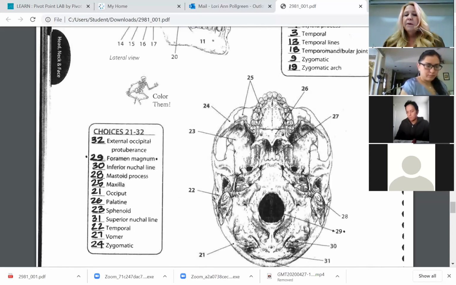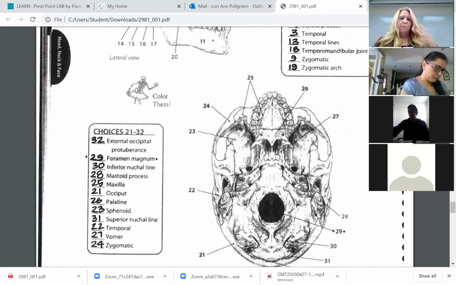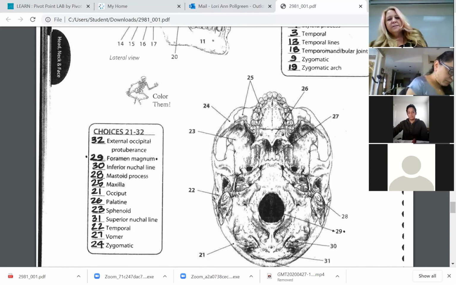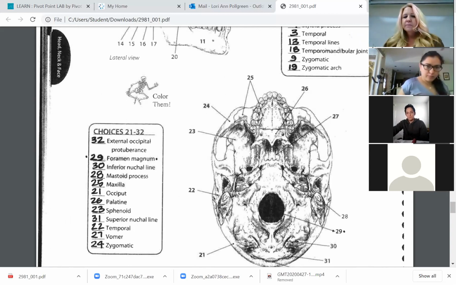And that's all that will be on the test for this diagram, number 29. And 29 is the big hole, foramen magnum. Any questions? Can move on.